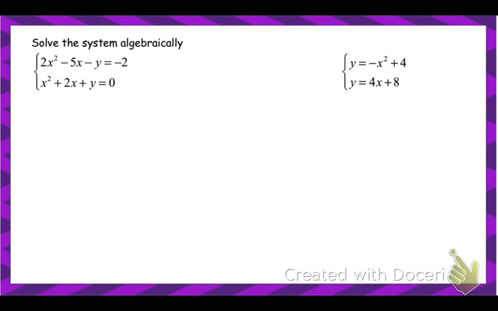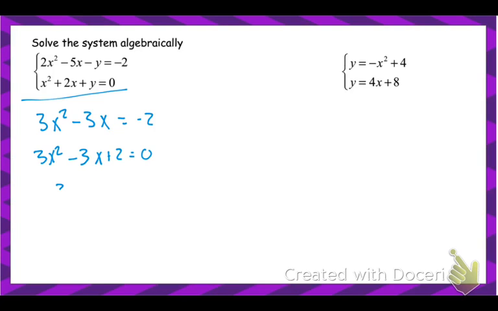If you solve by elimination, what I don't want to do is multiply this whole thing by negative 2 and try and eliminate the x squared. That's not going to help us get where we're trying to get to. What I'm going to do instead is eliminate an entire variable. In this case, it's going to be really easy to eliminate the y's because they're already eliminated. So that gives me 3x squared minus 3x equals negative 2. Now if I want to solve this, it's just a quadratic.